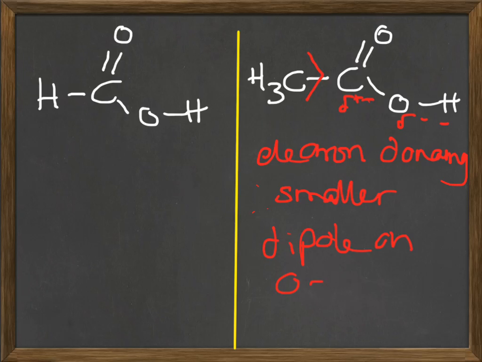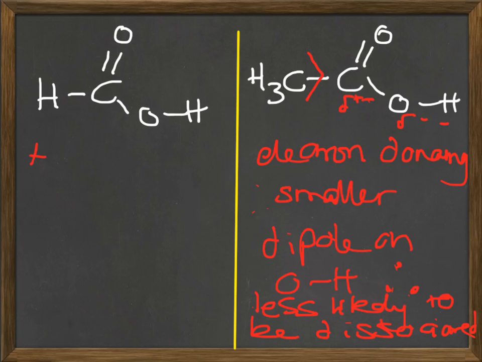So that's making the positive dipole on the carbon a bit smaller and the negative dipole on the oxygen a little bit smaller. Therefore, the positive dipole on the hydrogen is a bit smaller and it's less likely to be dissociated, the OH. Okay, because the bond has more covalent character, if you like.